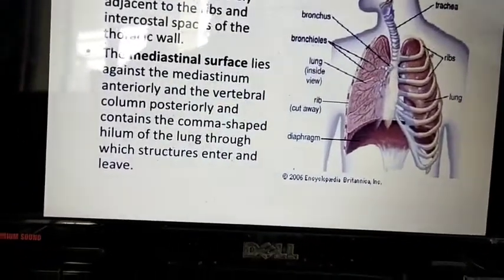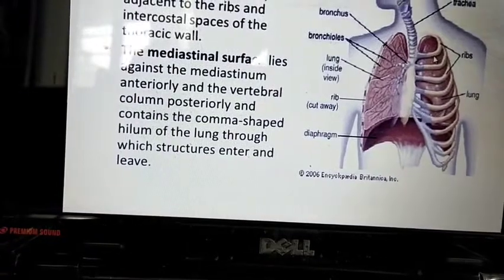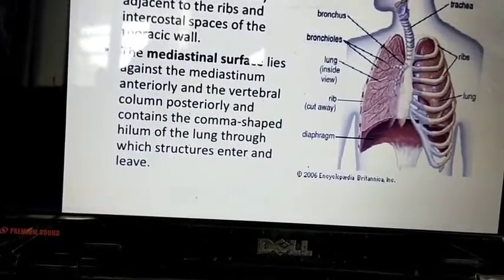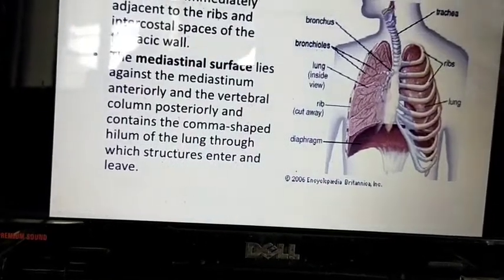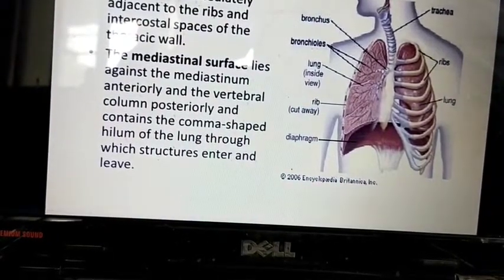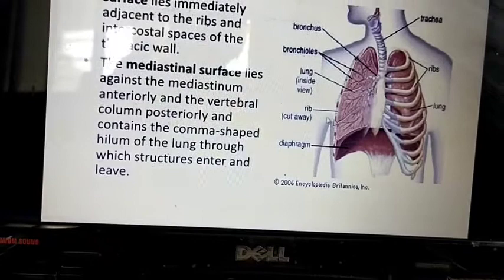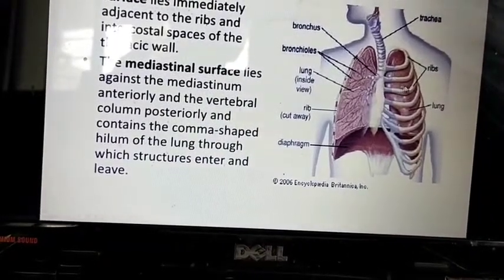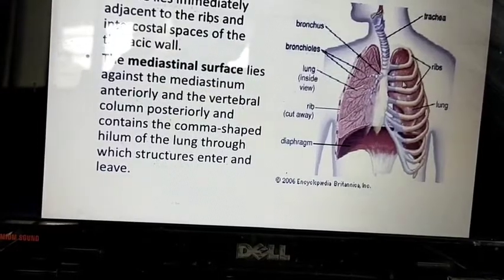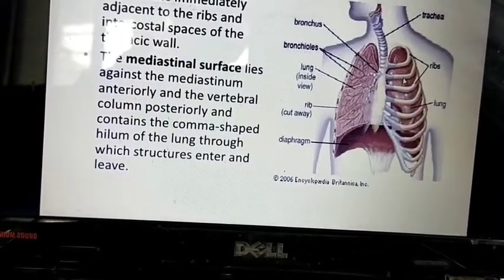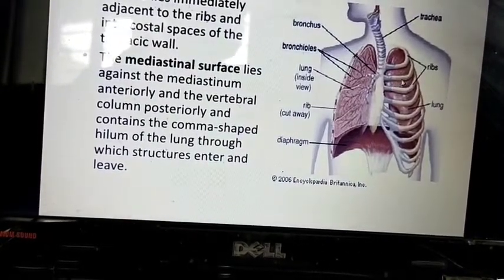It lies immediately adjacent to the ribs and intercostal spaces. This space is present in between the two ribs, and that space is the intercostal space.